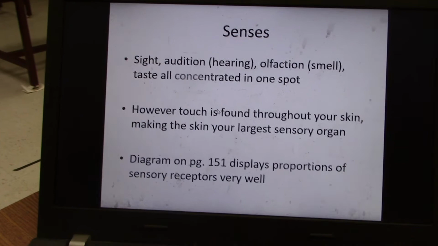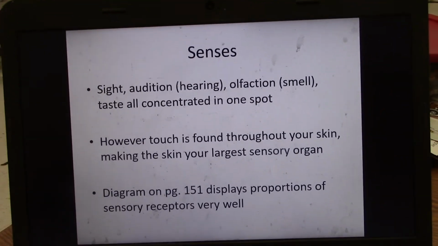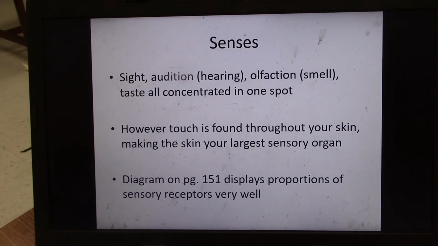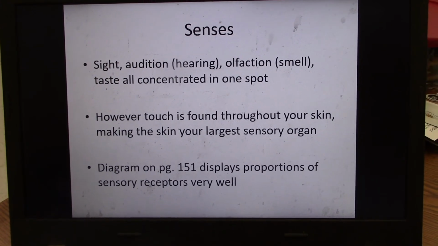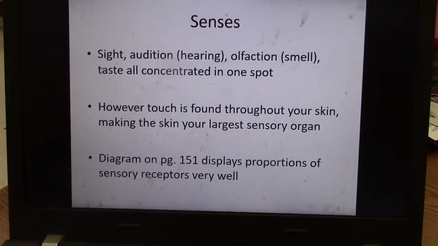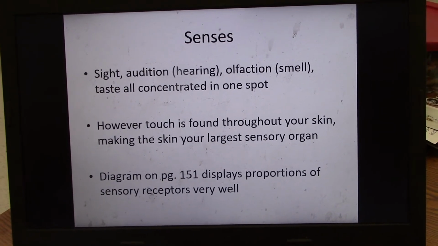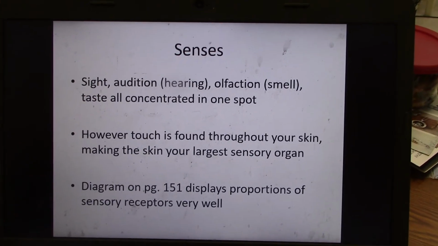The senses that we have to detect stimuli, right? Sight, hearing, smell, taste, they're all concentrated in one spot. Touch, which will feel temperature and pain and sensation, that's found throughout our skin. So this is interesting.